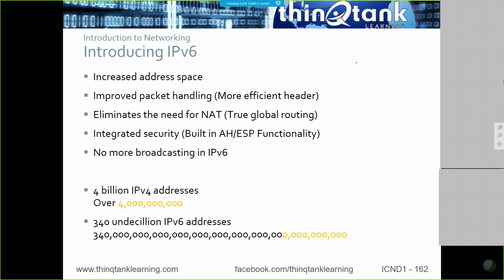The v6 header is much less complicated. All IPv6 addresses are public. At least all the ones we use for our clients are public. So we don't have this need for NAT. We don't have this need for private addressing. We'll talk more about private addressing in the next chapter.